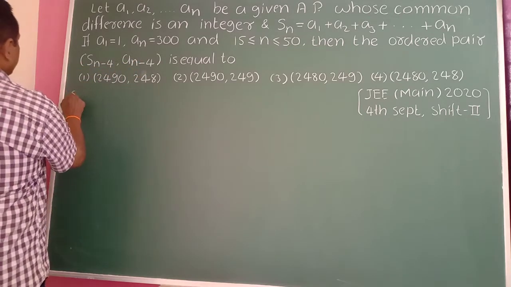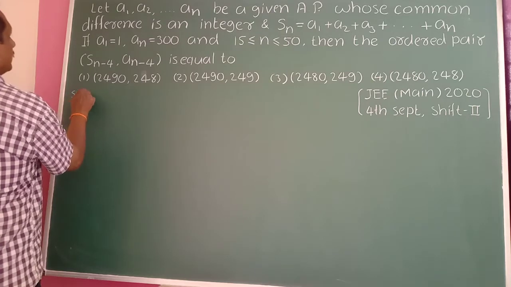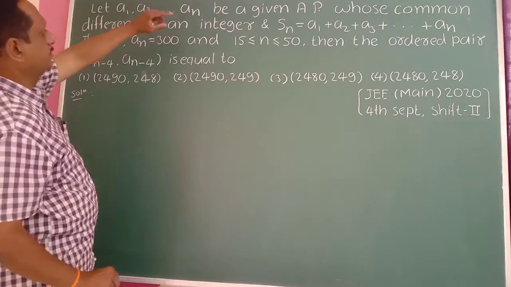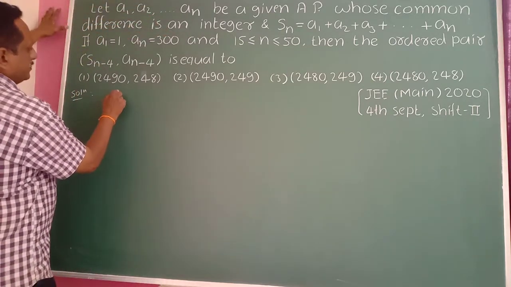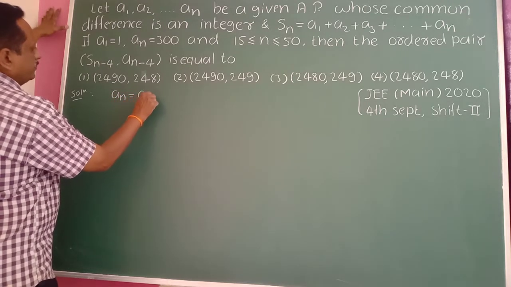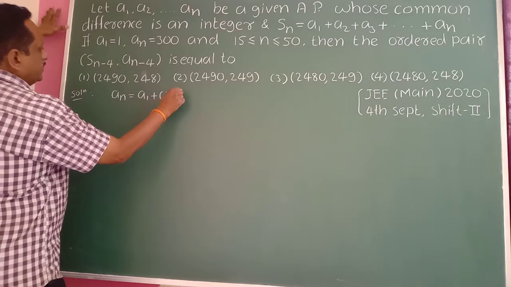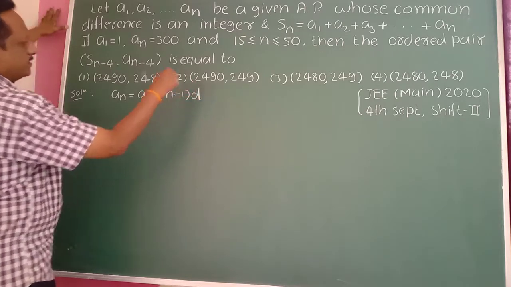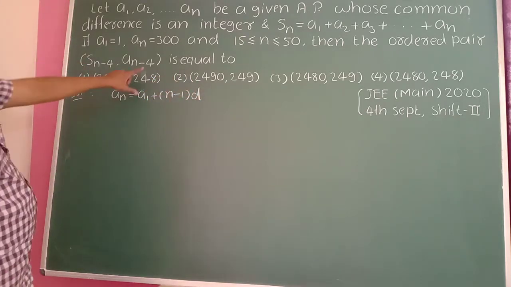Here they given these are in AP. Therefore, use the formula An is equal to A1 plus n minus 1 into d. Here An is 300, they already given.